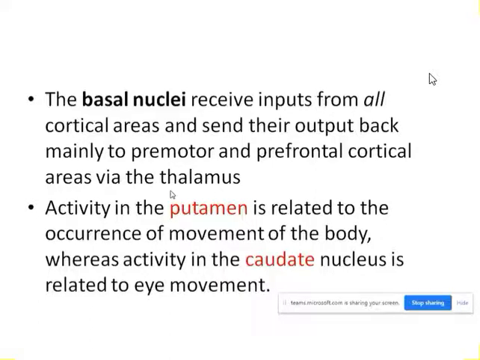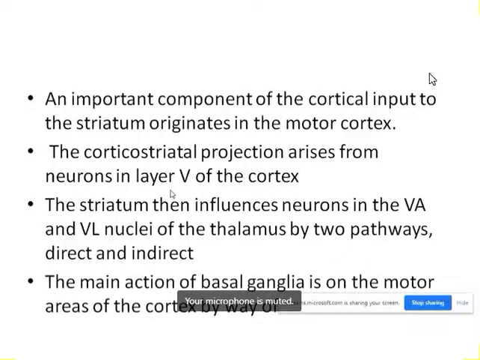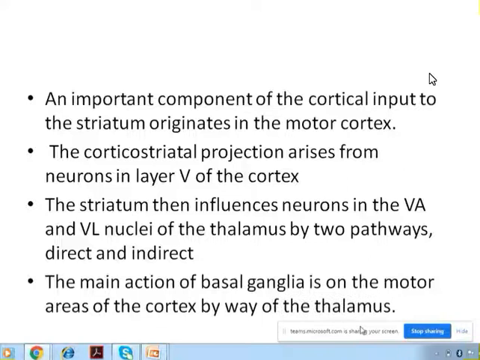Okay, now let me go into more detail on this. Also, an important component of cortical input to the striatum originates in the motor cortex, I have already told you. Now, if you want to know the pathway by which the information from the motor cortex comes to the basal ganglia, it is via the corticostriatal projection.